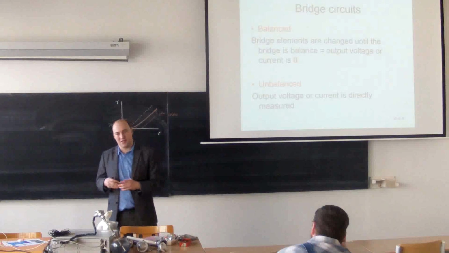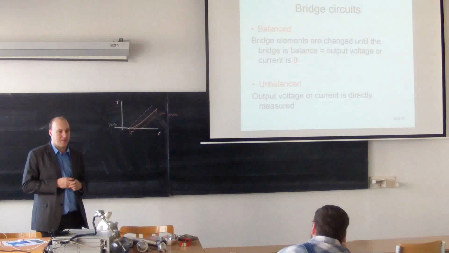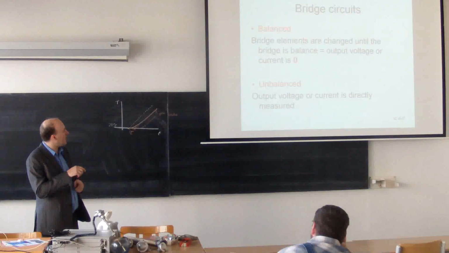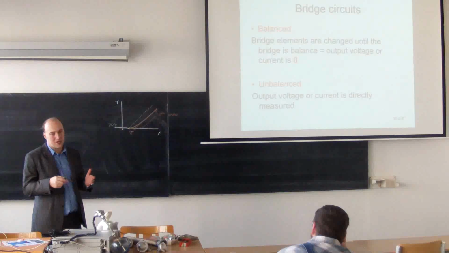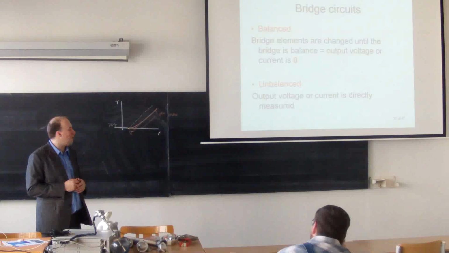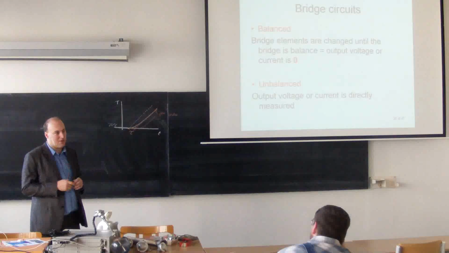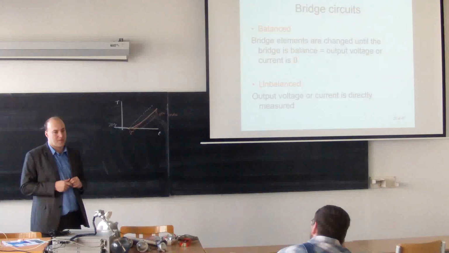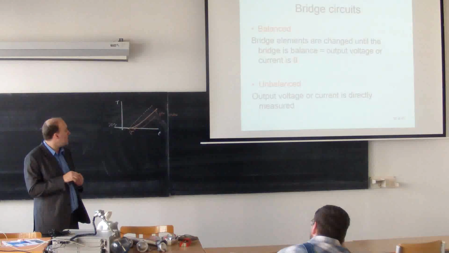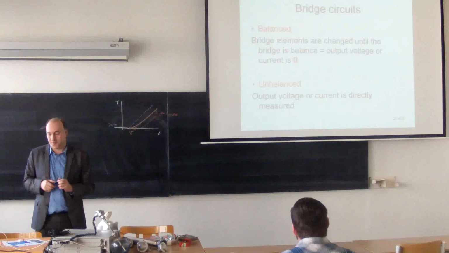The more unbalanced the bridge is, the bigger the nonlinearity. So there is a trade-off. Can I take some time to balance the bridge? Then I don't have any problem with linearity. Or do I need a fast reading and I will have some nonlinearity? In our labs, we typically use balanced bridges. Industrial systems typically use unbalanced bridges.